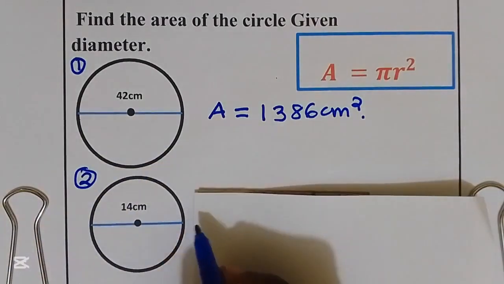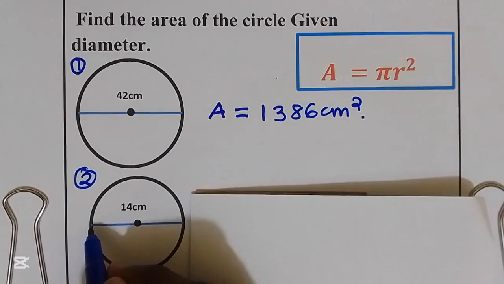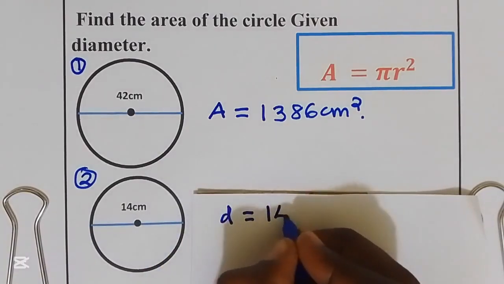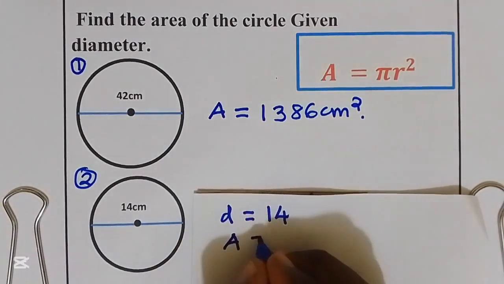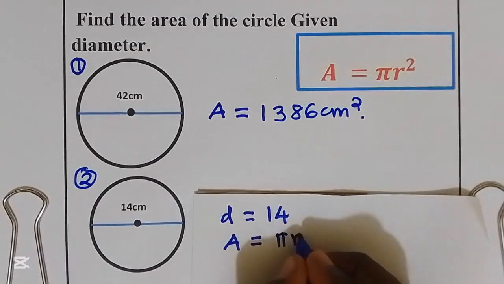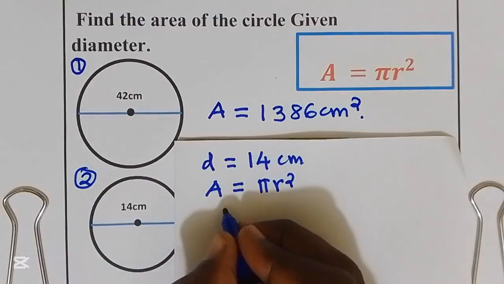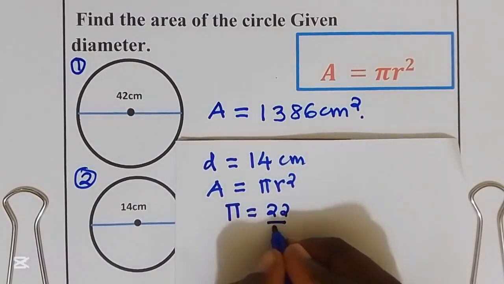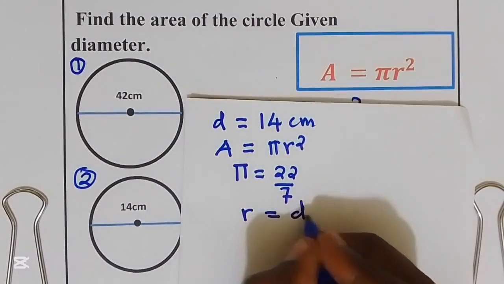Let us do question number 2. We're supposed to find the area of a circle. They have given to us a diameter of 14. Diameter is equal to 14. And area is given by pi r square. I will use pi as 22 over 7, and the radius is equal to diameter divided by 2.